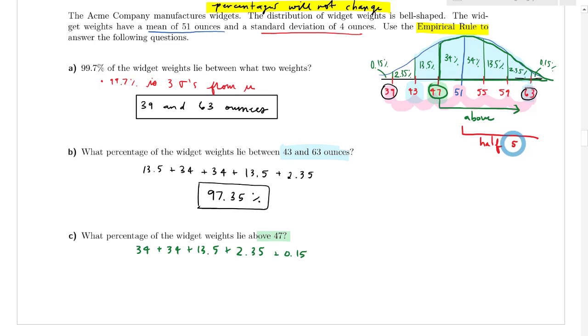So that's 50%. So you could say it's 50% plus this little piece here. Either way, it all works out. It doesn't matter because it's just 84%.